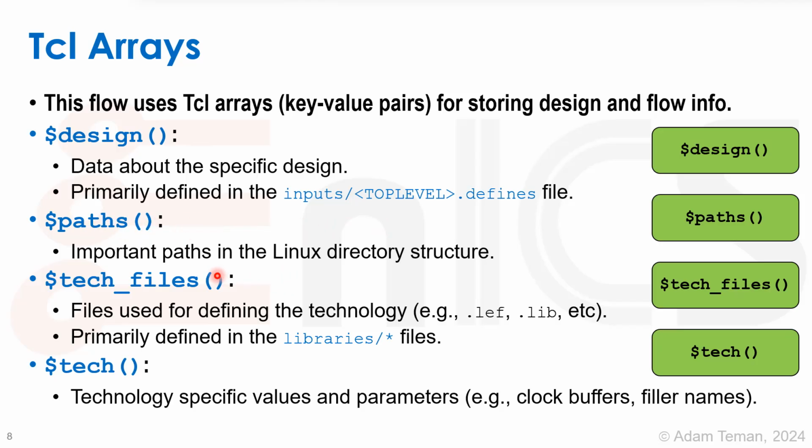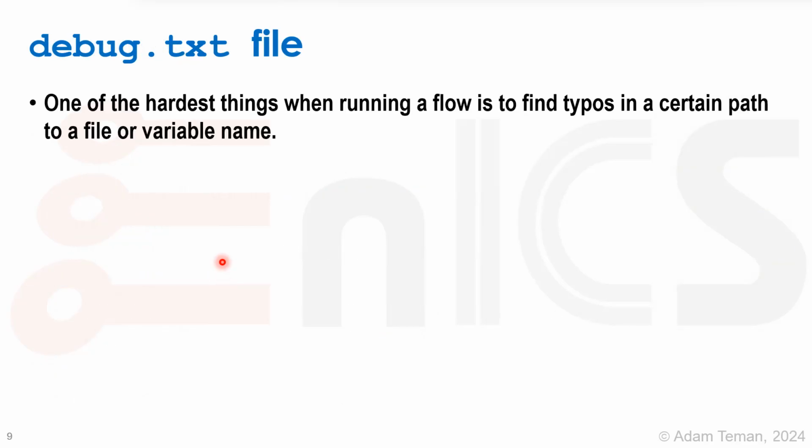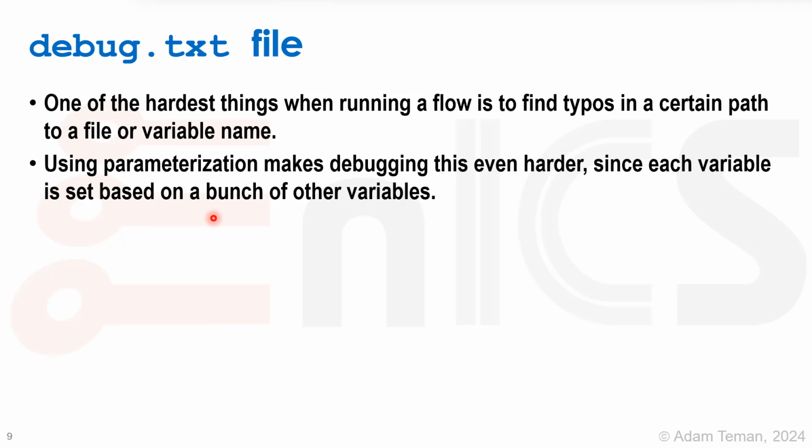And it's really hard if we have a small typo in one of these things to find out where the typo is, especially in this EDA world, where we have very long names of paths and file names and so forth. It's really hard to find out where we missed a certain letter or made an O instead of a 0 or something like that. So when we do this parameterization and build things hierarchically, it becomes really hard.